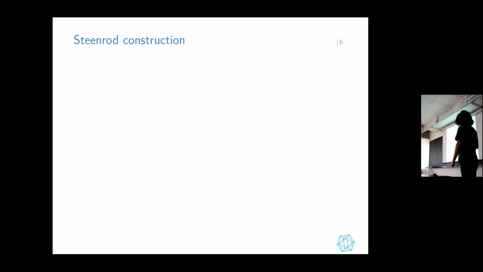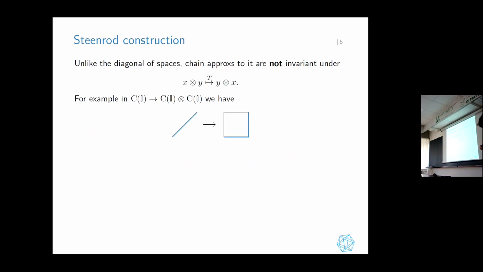This goes back to the foundational work of Steenrod in the 40s, who noticed that any chain approximation to the diagonal breaks an intrinsic symmetry that the diagonal has, flipping the factors.